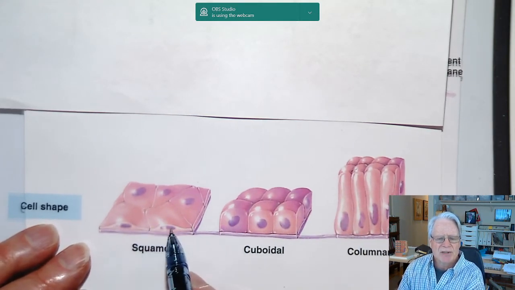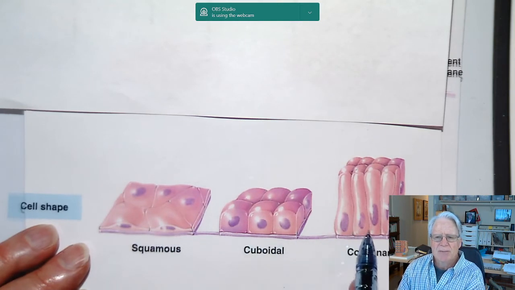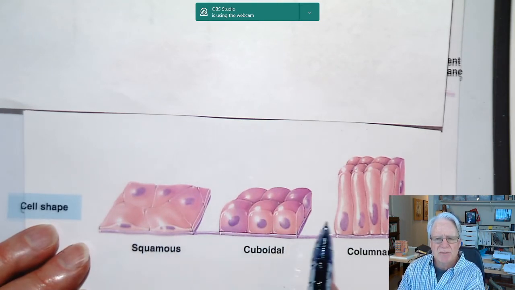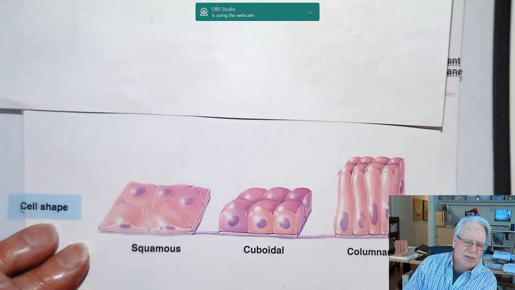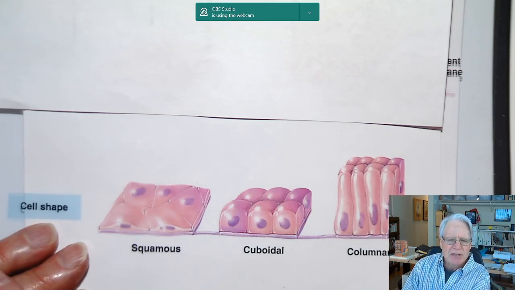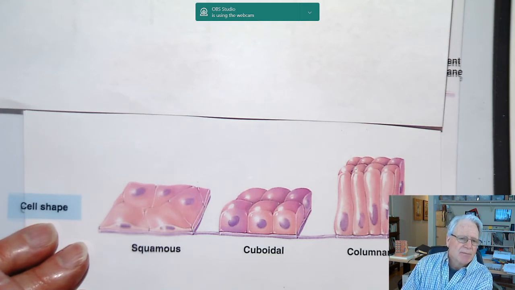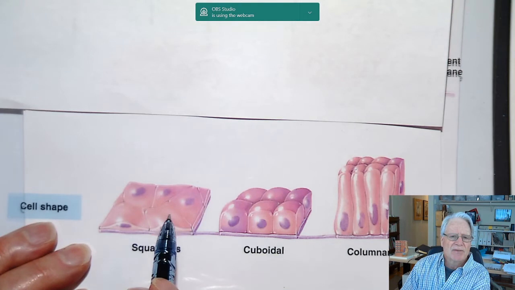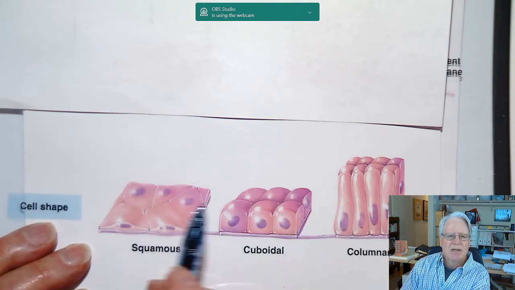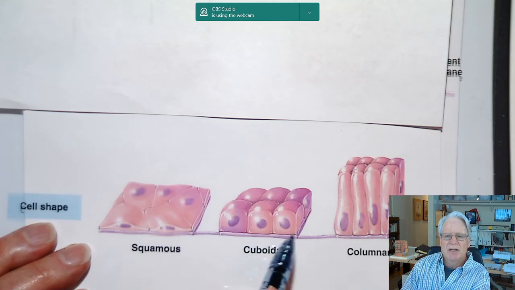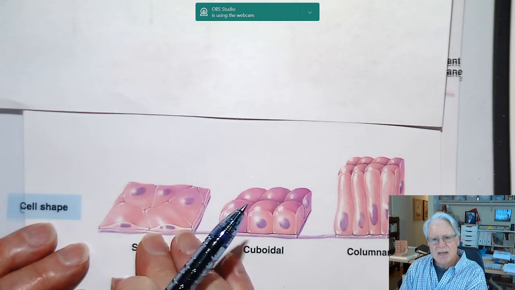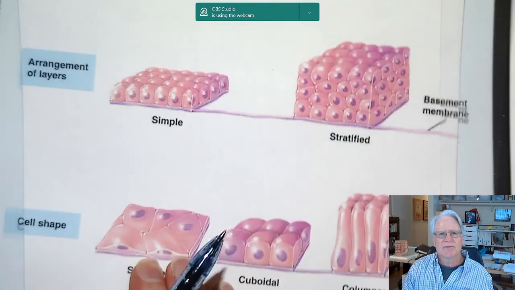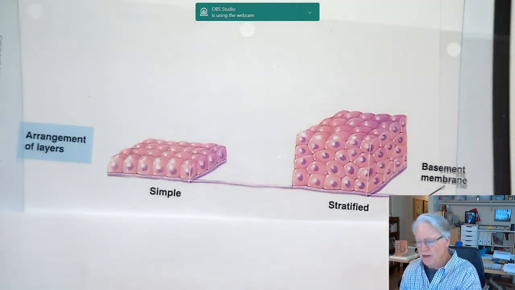So squamous, cuboidal, columnar. So those are the three different shapes. So they're not showing us transitional in this drawing, and that's probably good. We will look at transitional epithelium a little bit later on, but just so as not to confuse you, we have these three basic shapes. The flat, the cube, and the column. Squamous, cuboidal, columnar.